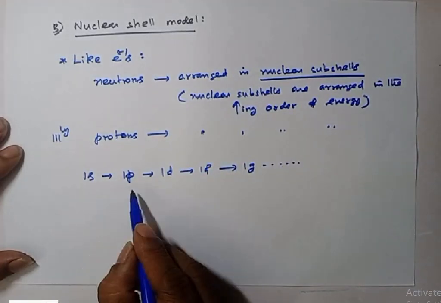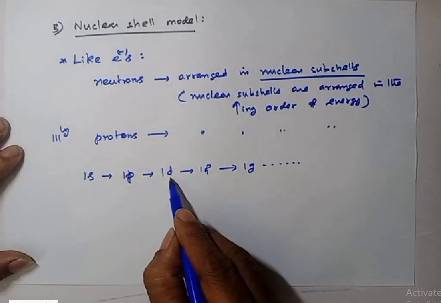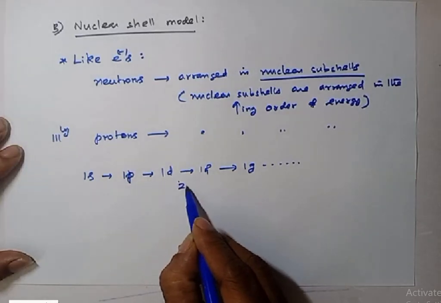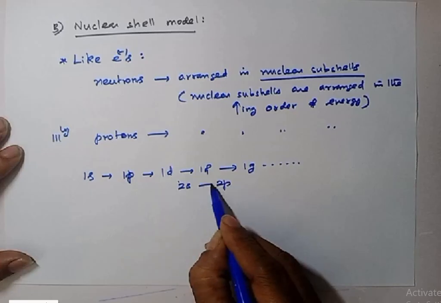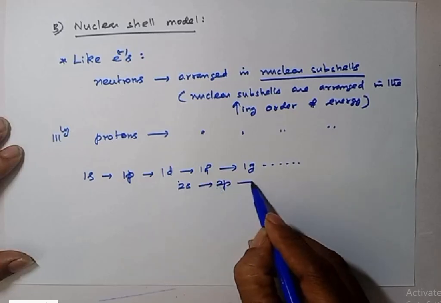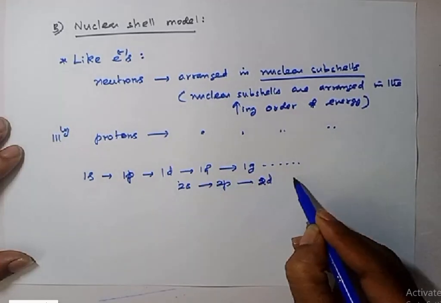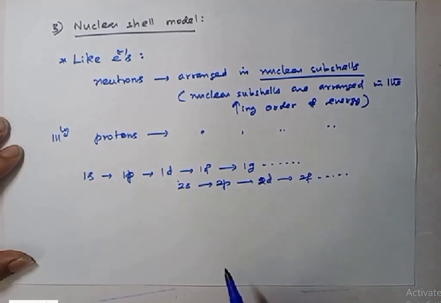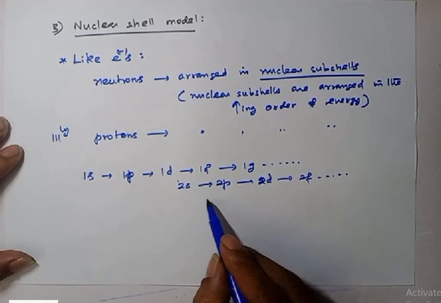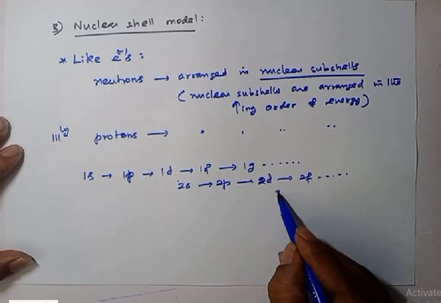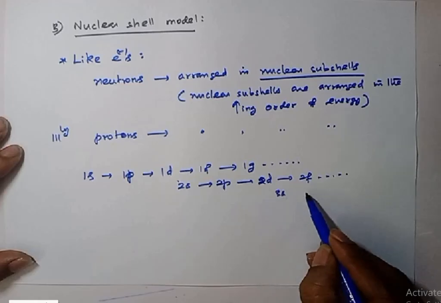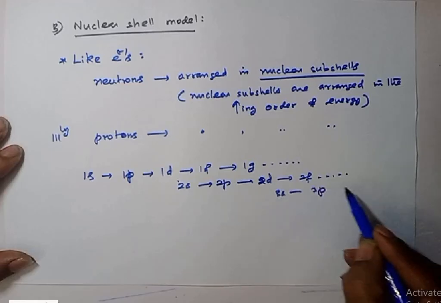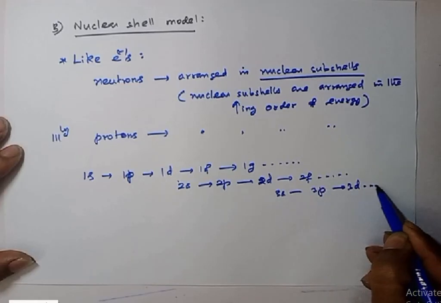Then 2s will come after 1d actually. So let me start here. 2s, then we get 2p, then 2d, then 2f, like that it goes. Okay, then we have 3s, which starts from here after 2d, 3s, then 3p, then 3d, like that it goes.